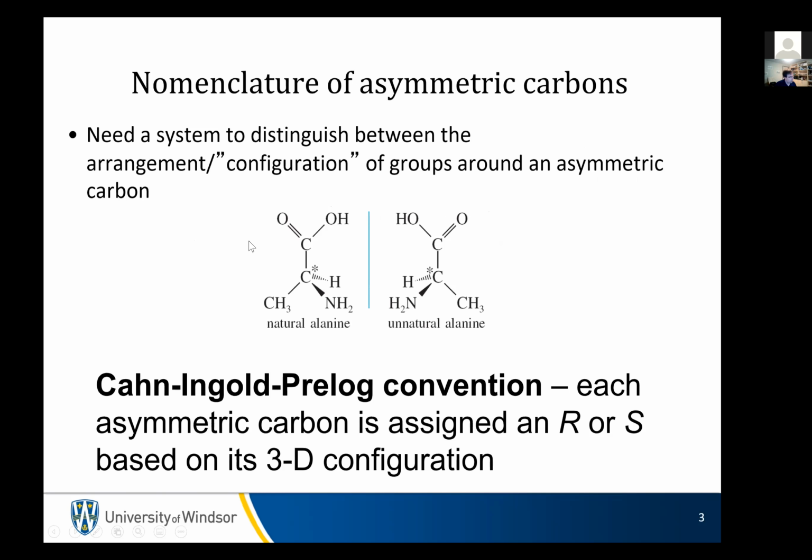So we need to distinguish between different arrangements, or configurations, around asymmetric carbons. This is alanine, an amino acid. If we wanted to name it, we would call it 2-amino-propanoic acid.